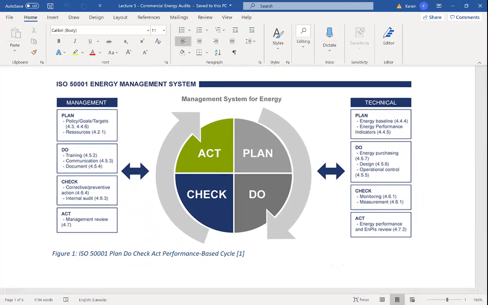This is a large energy management system that takes into account benchmarking and then planning some energy savings, implementing those energy savings, checking the data, seeing how much energy was saved, and then acting on any more improvements that need to be made, etc. And it's a continuous cycle of energy management in a system.